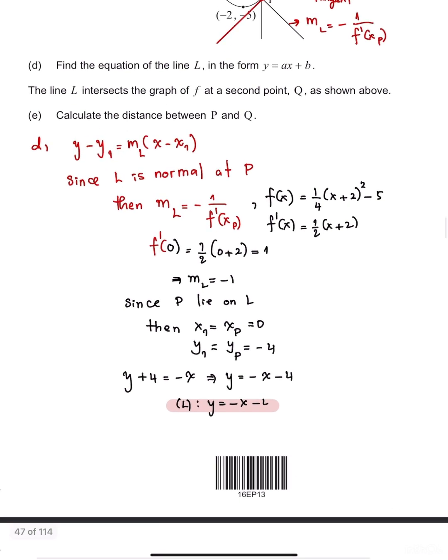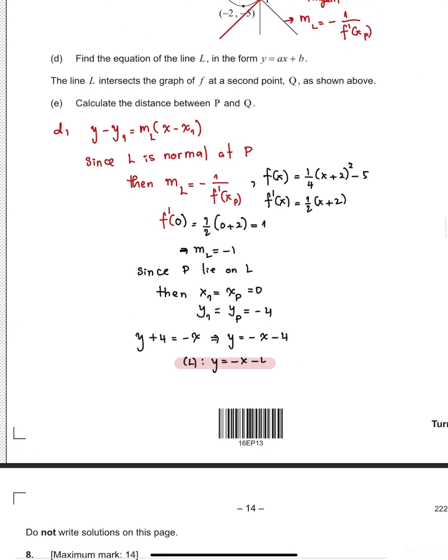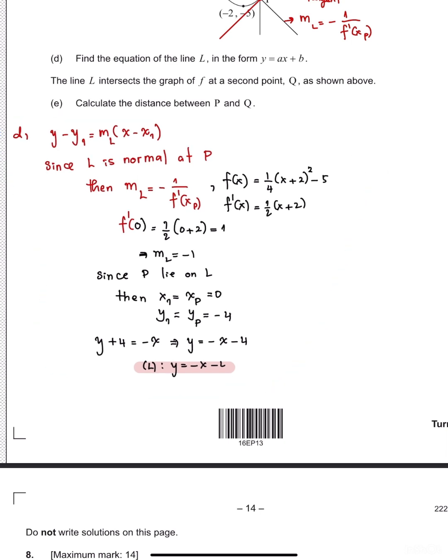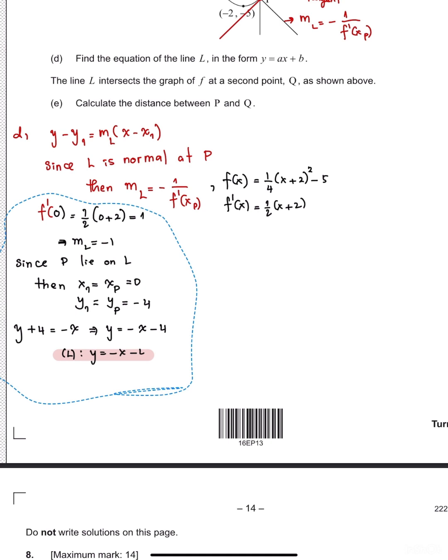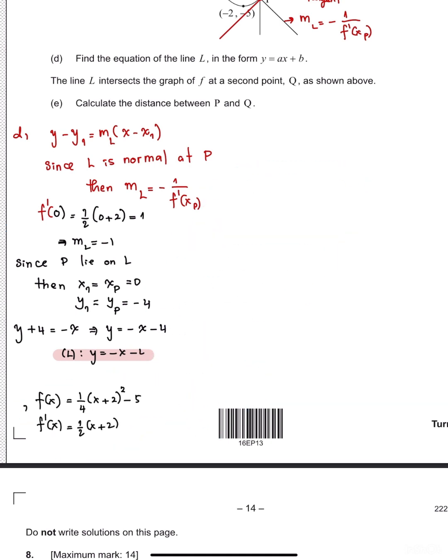Okay, so that's all. And furthermore, for part E, they give us the 8 point, so that must be special. For E, find PQ.